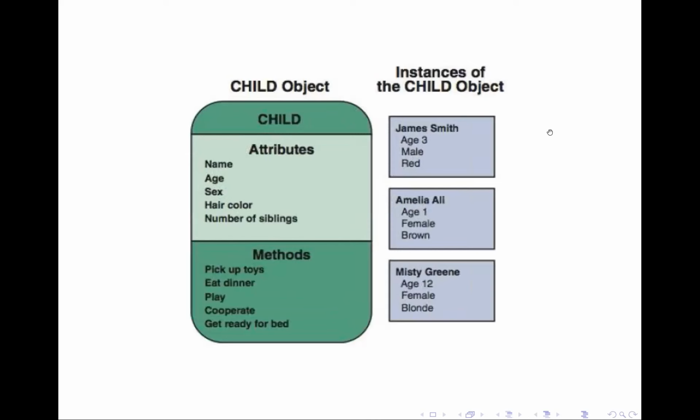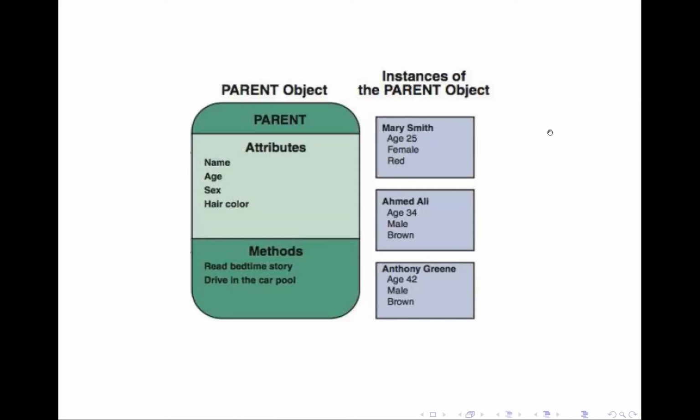Having said that, we were discussing parent objects and child objects, and the child objects, we call it, inherit the attributes from the parent objects. For example, in this particular case, we have name, age, sex, and hair color.